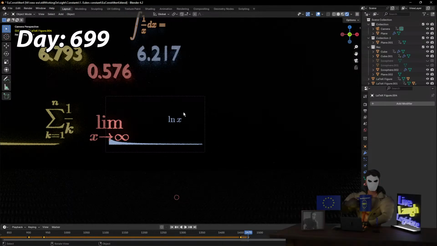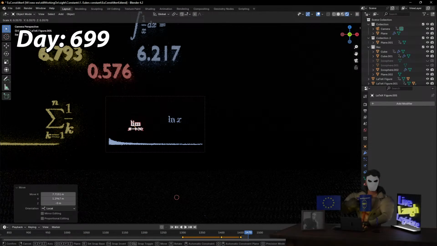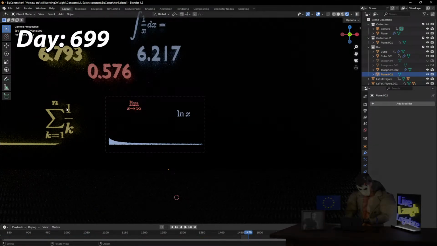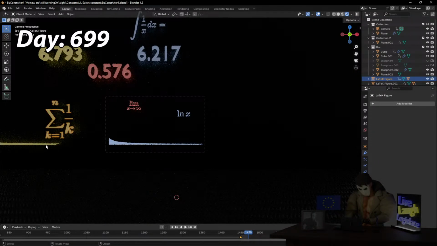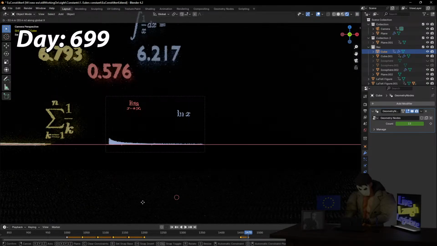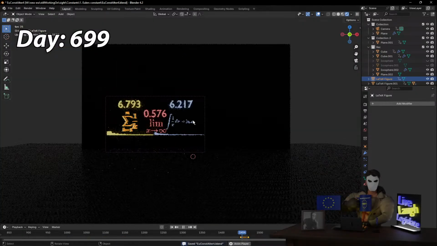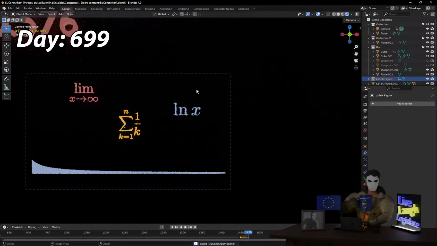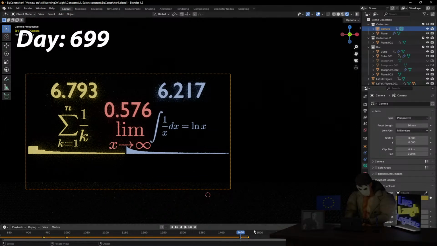And right here what we'll have instead is the limit of x, natural log of x, and the sum of k. Just randomly disorganized, like this. And one last thing, which is the distance.